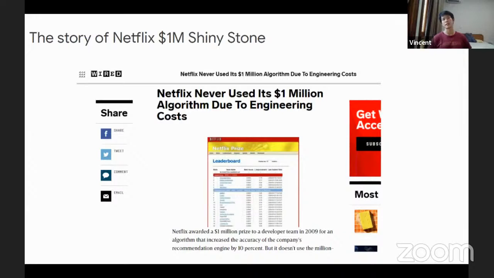In 2009, Netflix released a competition, and the first winner could improve the RMSE of the recommendation system model, its accuracy, by 10%. At face value that is very huge, but by the end of the day, because it was too costly to implement, they just put it in the corner.